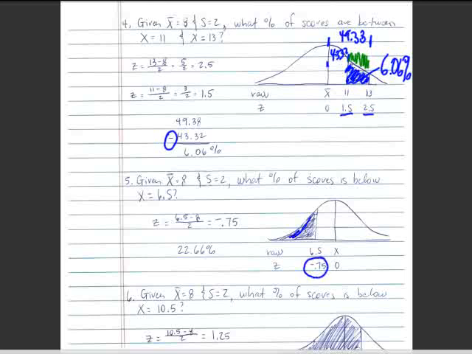Again, I'm shading here and below. Go to my table, find z equals 0.75. Look out in column C, because column C tells me the distance from that z out toward the tail, and in this case the correct amount of area is 22.66%.